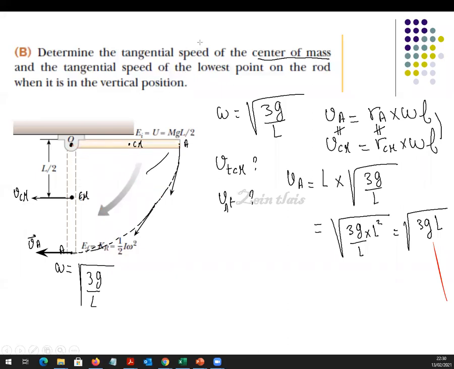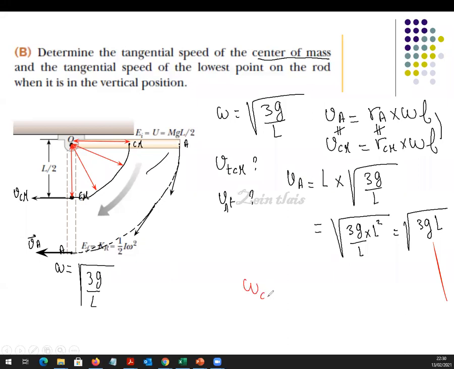Okay, what about VCM? VCM has a rotation like this around the axis with a radius equal to L over 2. Okay, this is the radius.